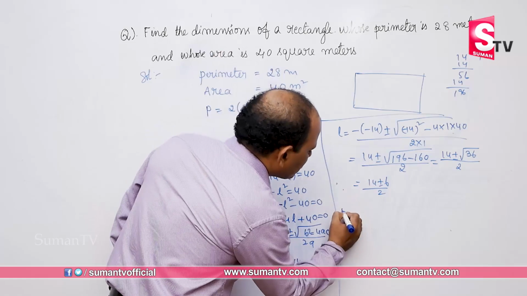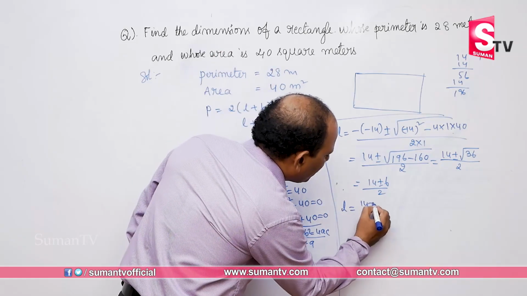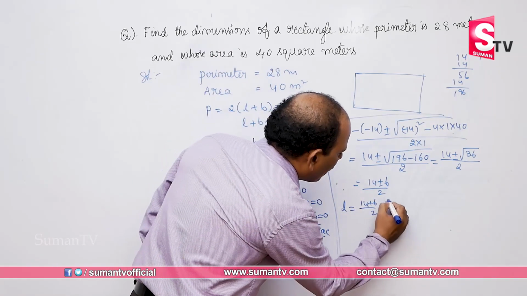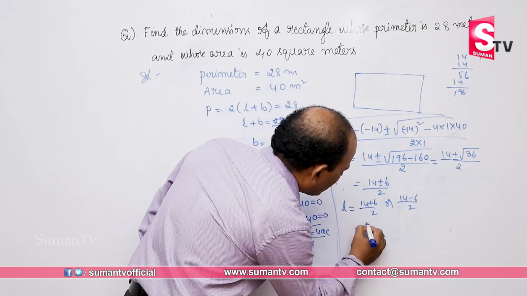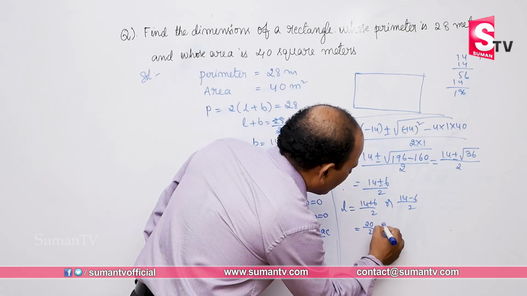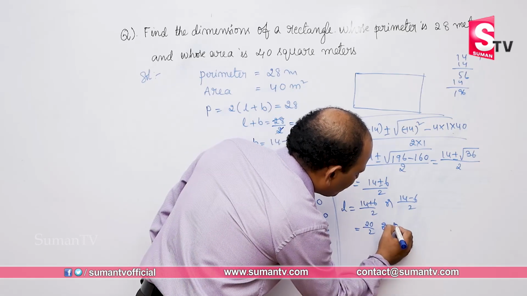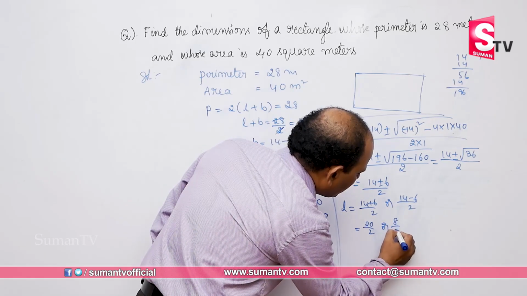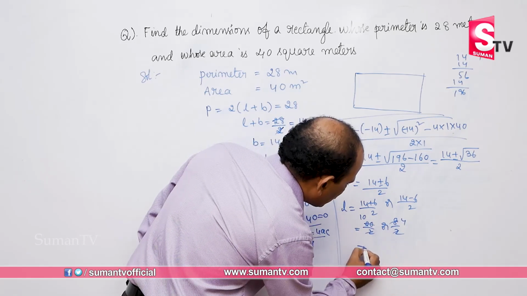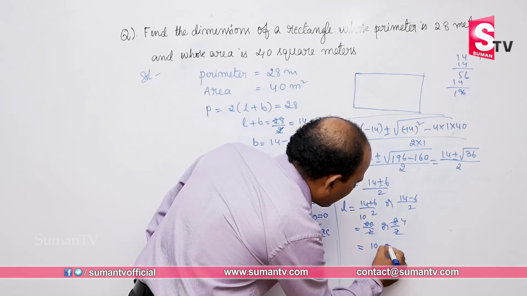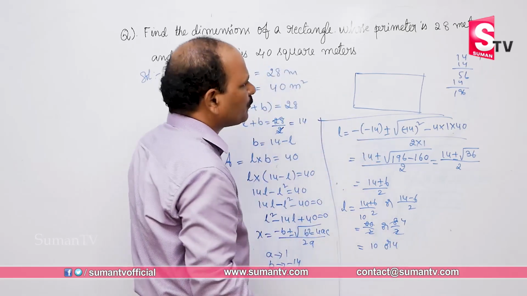L is equal to 14 plus 6 by 2 or 14 minus 6 by 2. That is 20 by 2 or 8 by 2. So L is equal to either 10 or 4.